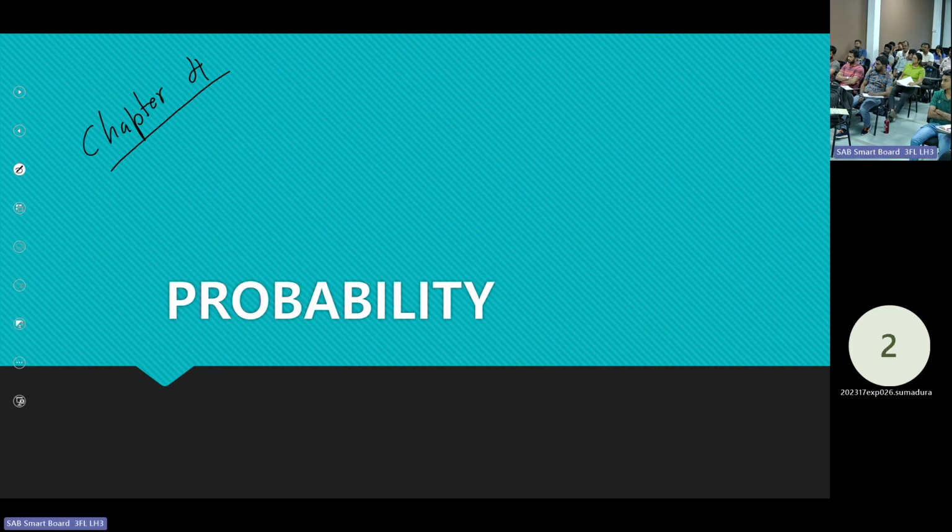So we'll write down: probability can be treated as a measure of uncertainty.